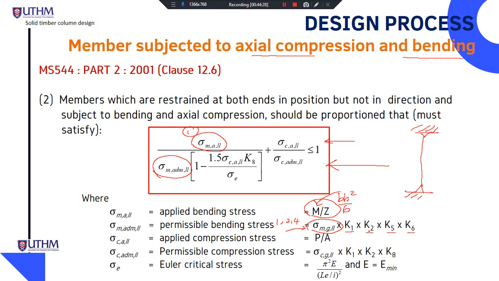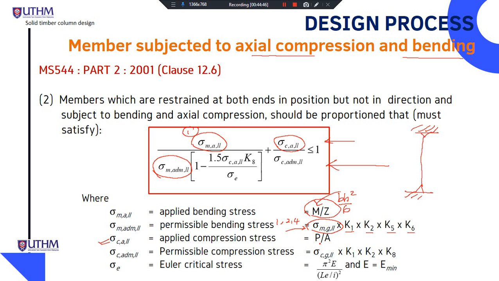For K1, K2, K5 and K6, please refer to the beam design video. Next is the applied compression stress.